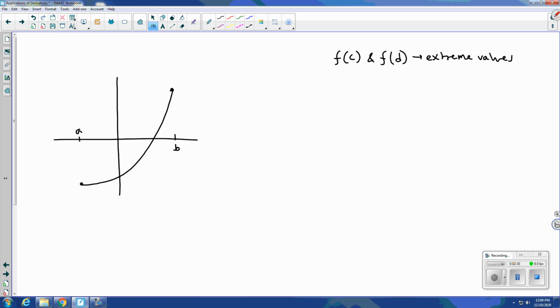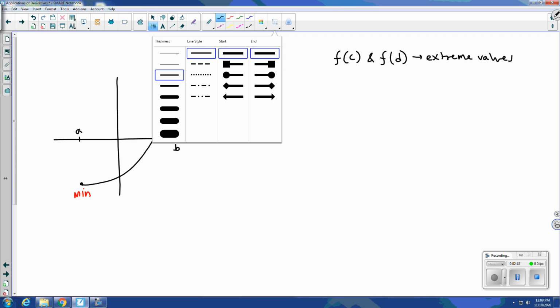So where are they if there's no horizontal tangents? Well, they're going to appear at the endpoints. So in the event that we have a bounded interval, we must consider the endpoints as a location for a max or min as well. So it's not enough just to consider whether the derivative equals 0. We must also consider endpoints.